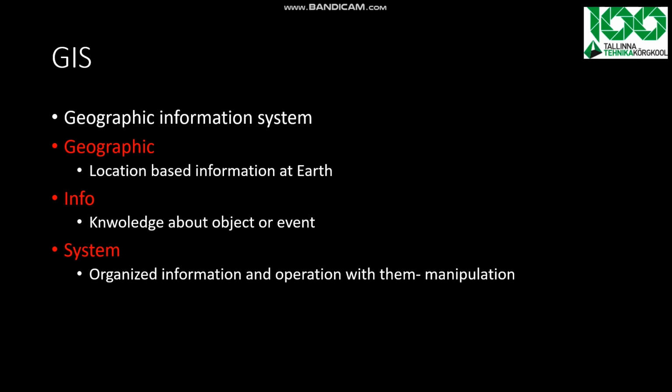Info is knowledge about objects or events, and then we have the system: the information is organized, and operations are done with it. Also, we manipulate the info and use the new info for making decisions. So, putting it together, we have location-based information that has organized information inside it.